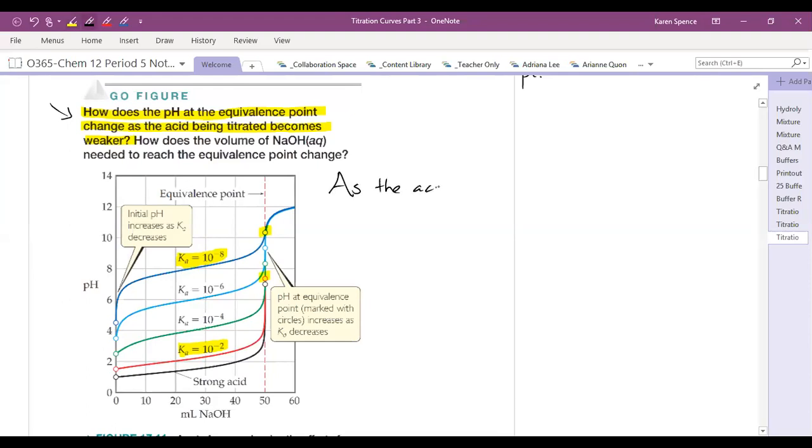As the acids, they would be different acids, get weaker, the pH at the equivalence point gets higher. Why is that?